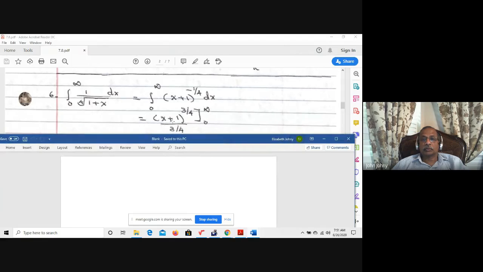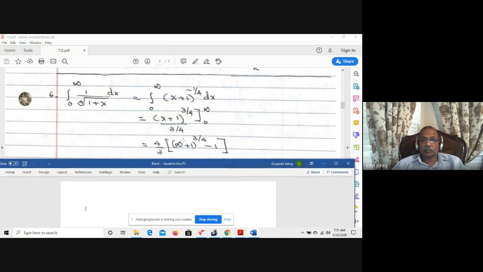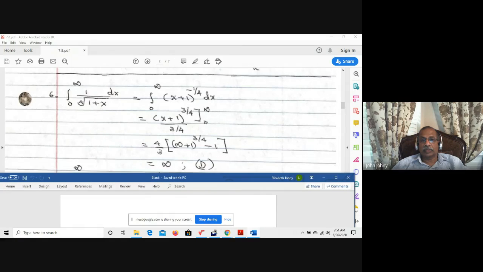X plus 1 whole to the power of negative 1/4 plus 1, that is 3/4, divided by 3/4 from 0 to infinity, that is 4/3. Division by 3/4 is the same as multiplication by 4/3, that is 4/3 times infinity plus 1 to the 3/4 minus 1, that is infinity. Infinity plus 1 is infinity, that to the power of any positive number is infinity. So the integral is divergent.